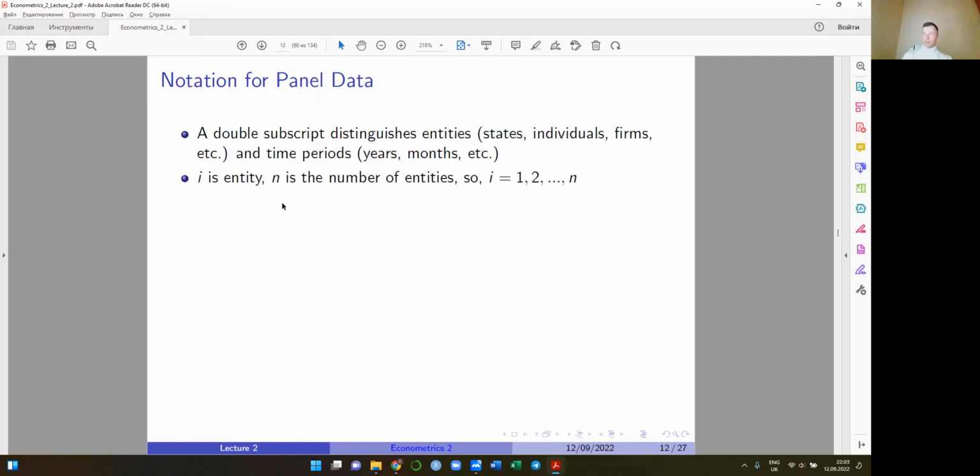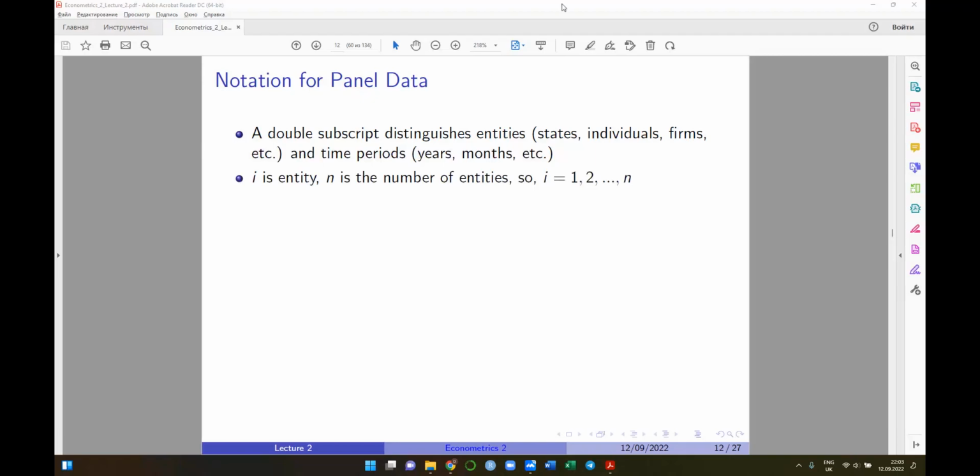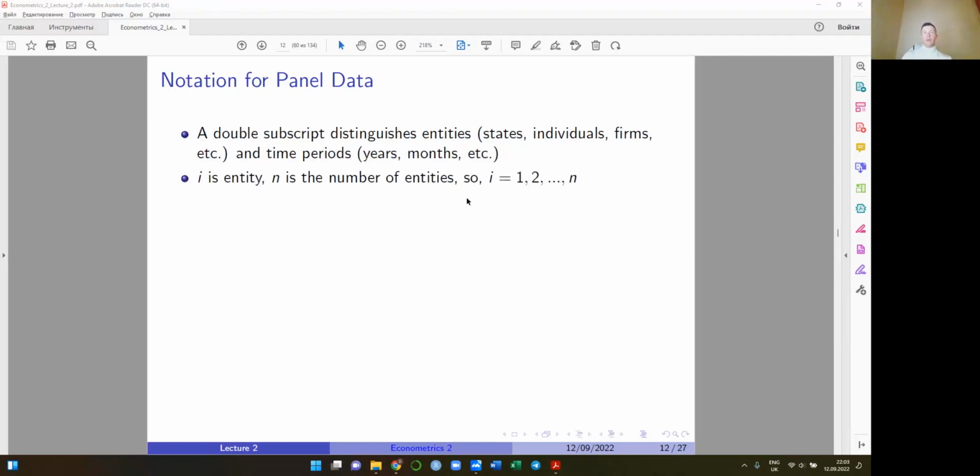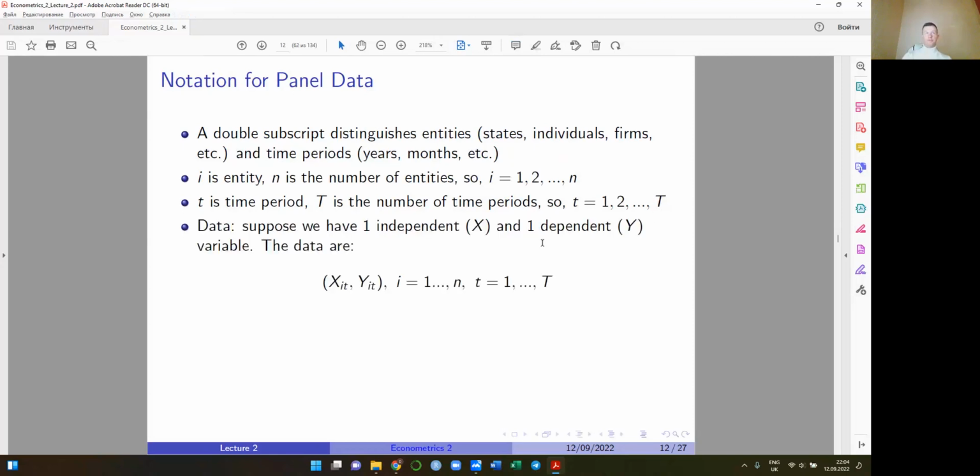This is familiar from the previous part of this course, from the cross-sectional data. And now we introduce the time dimension. The time subscript is denoted with small t. This is the time period, and capital T represents the overall number of time periods. So small t starts from 1 and takes values up to capital T.